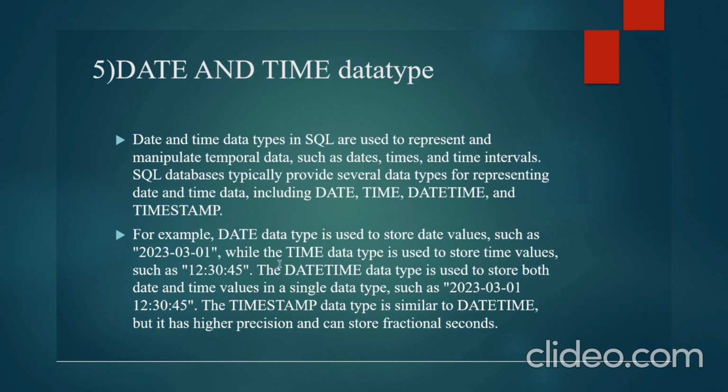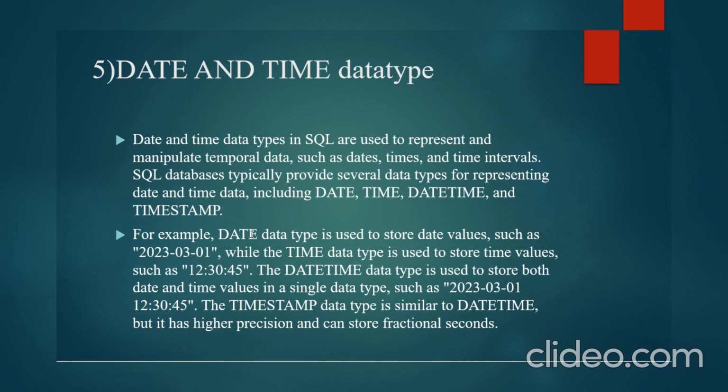Now in this example, the date data type is 2023-03-01, in which 2023 indicates the year, 03 indicates the month, and 01 indicates the day. And the time data type given here is 12:30:45.